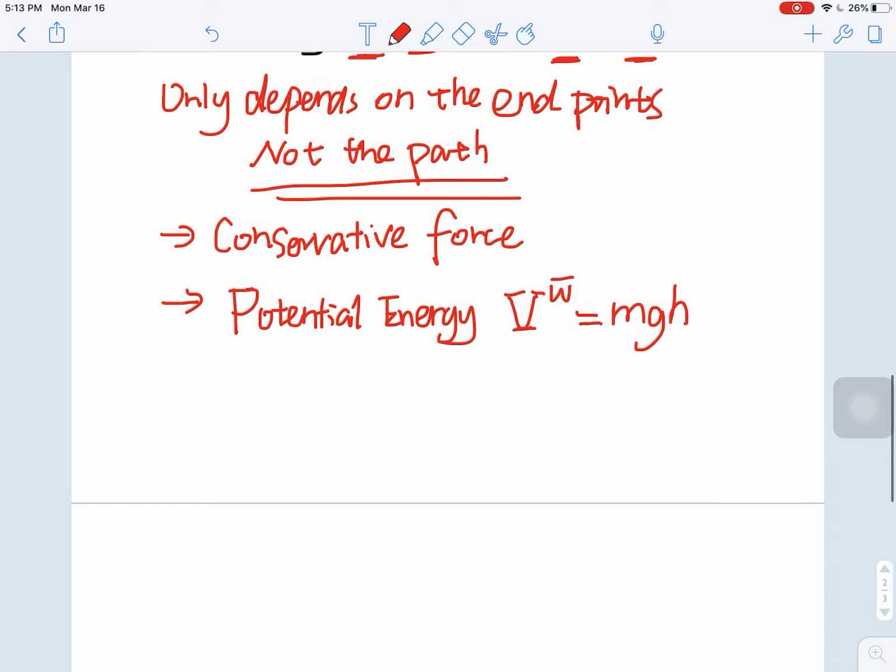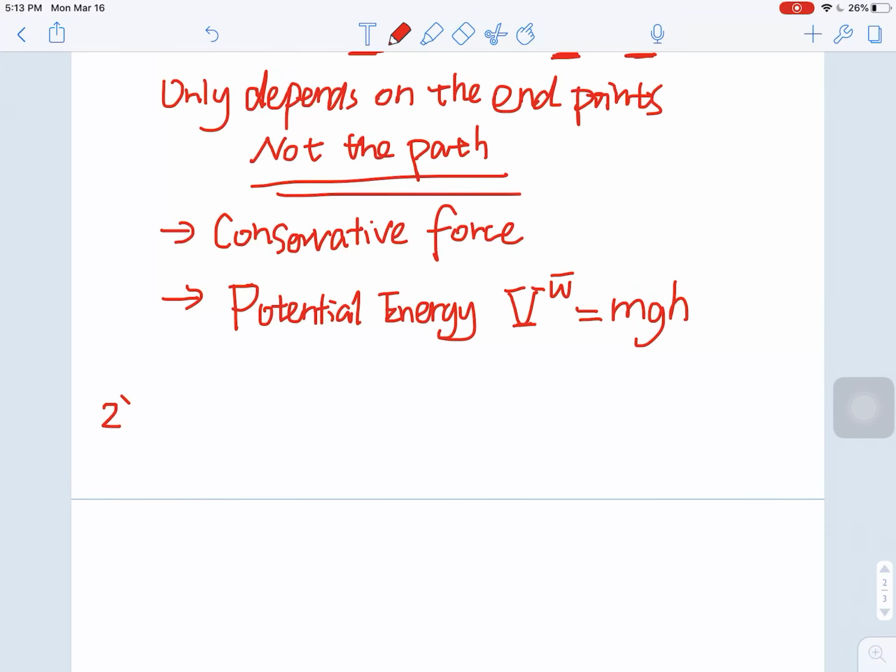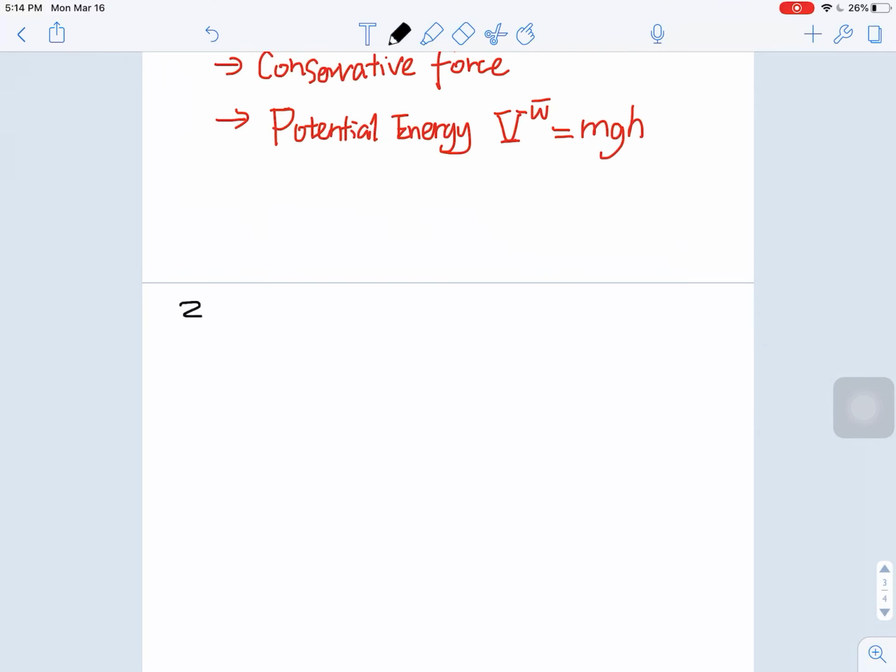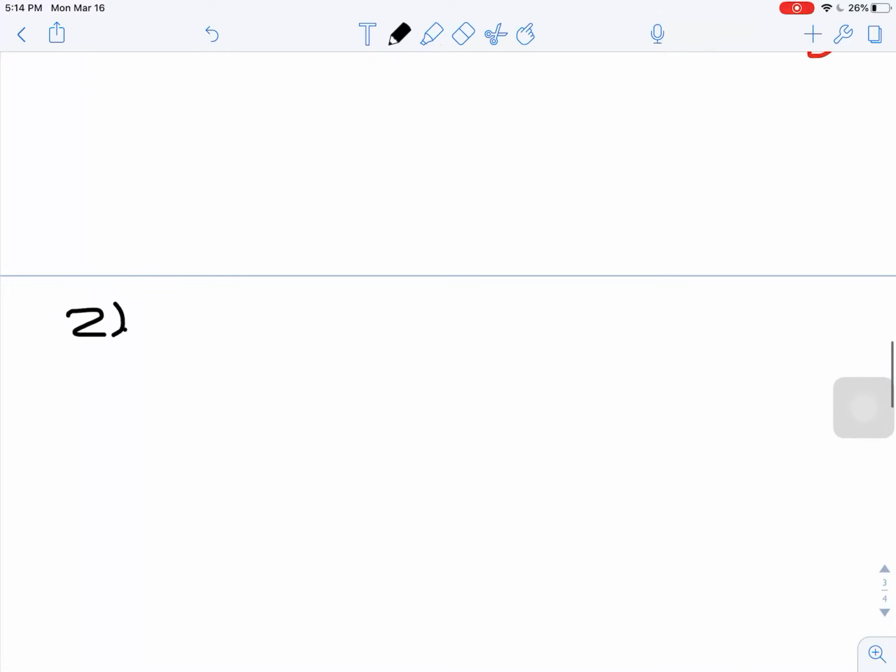Now let's look at the second force, the normal force. What is the normal force? The normal force is perpendicular to the supporting surface, and usually perpendicular to the motion of the particle.